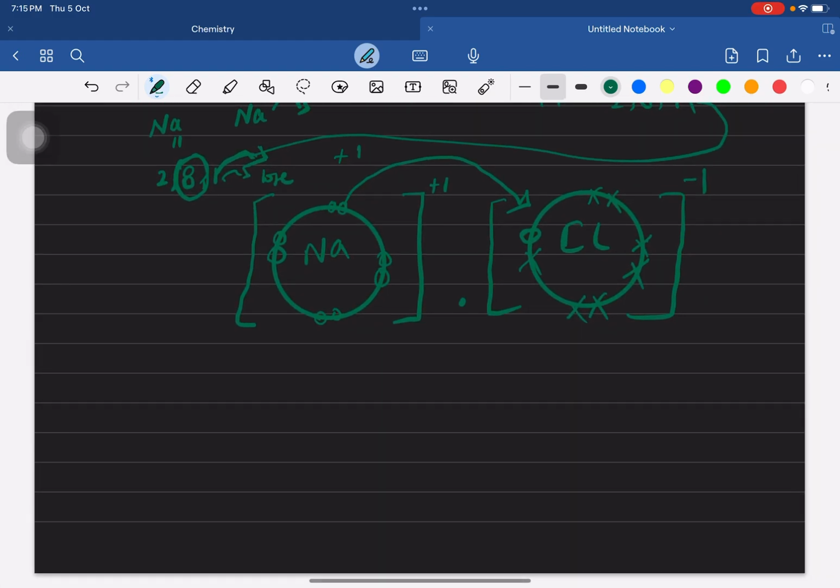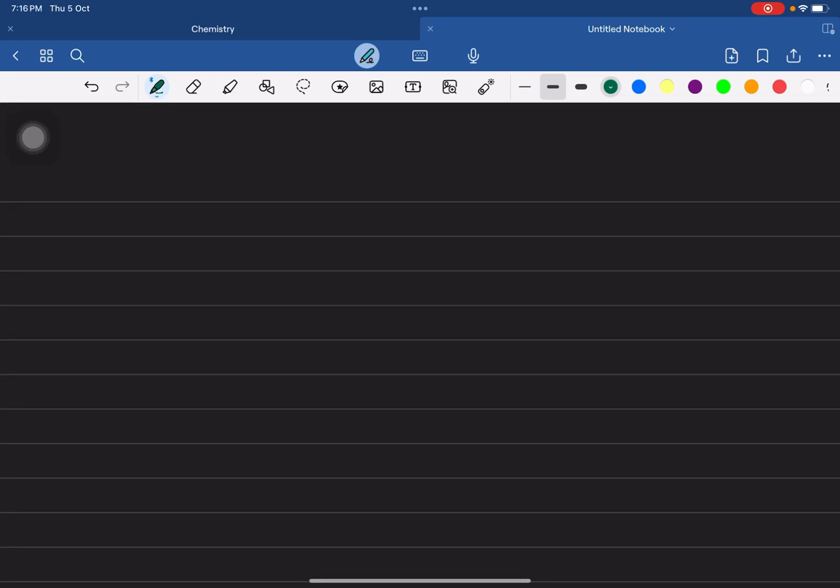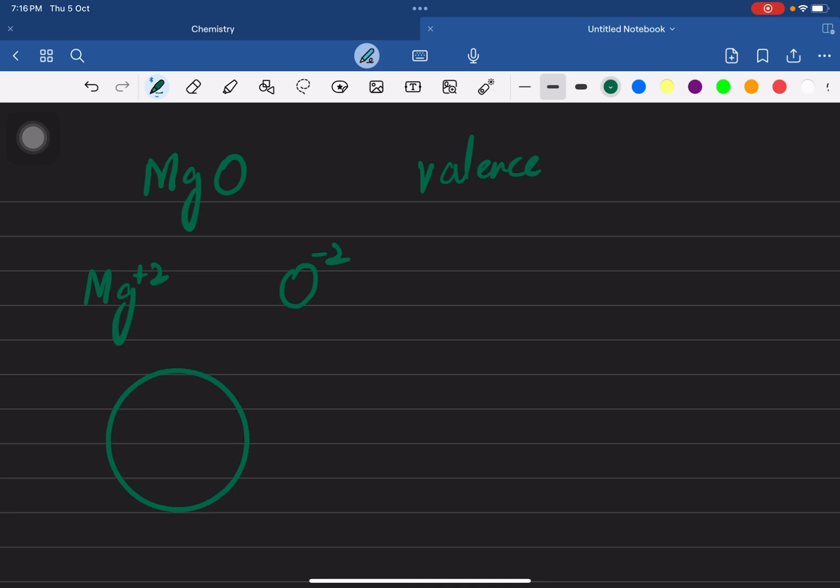For example, I'm giving you some more examples, like MgO, magnesium oxide. Now you know that Mg has a plus 2 charge and oxygen has a negative 2 charge as well. If the examiner asks you to show only the valence shell, then make a circle like this, right here, Mg.